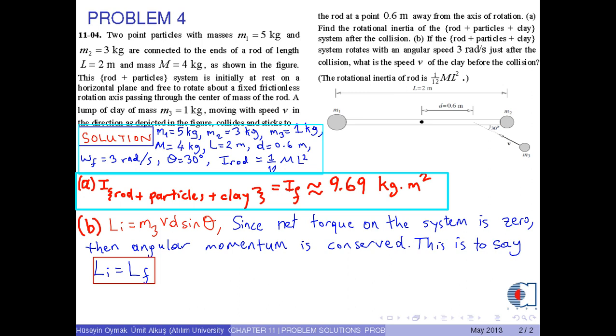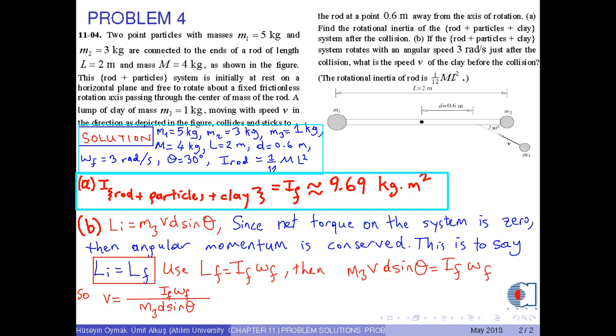We use the expression for angular momentum, which is L_f equals I_F times omega_F. Then m3 times v times d times sine theta equals I_F times omega_F. So the expression for v is I_F times omega_F over m3 times d times sine theta.